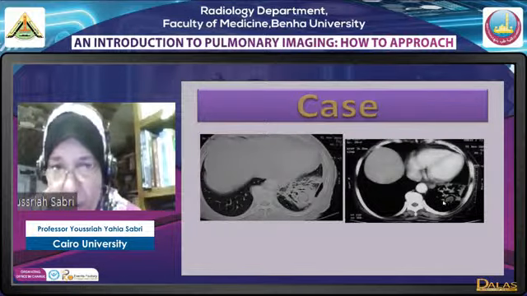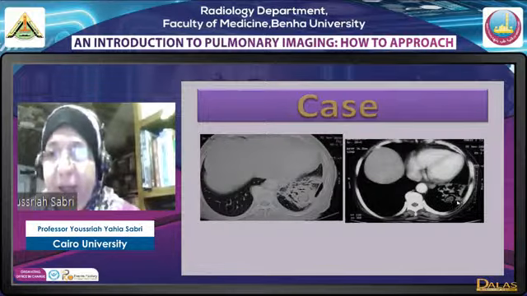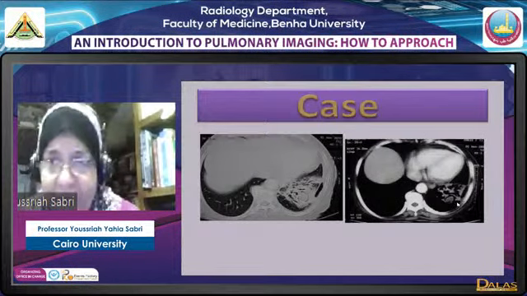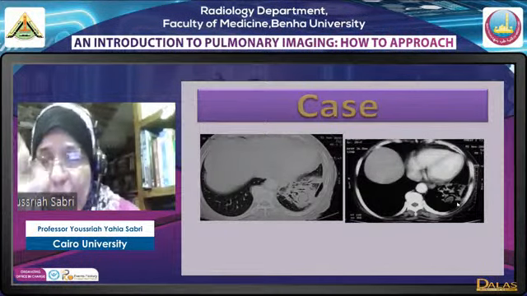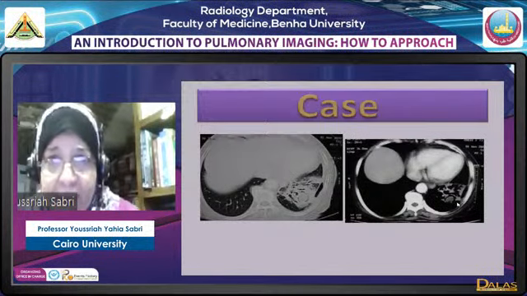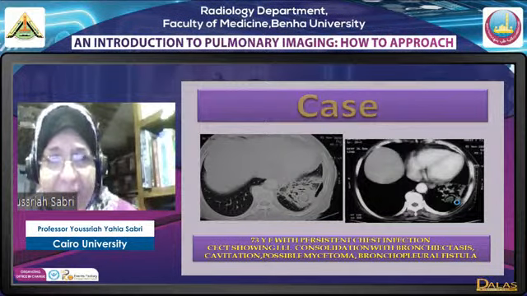In addition, we have a lentiform thin pleural-based lesion with an air fluid level, as you can see here. This lentiform air fluid level is a loculated hydropneumothorax. A loculated hydropneumothorax related to such infection without a tube is a bronchopleural fistula, complicating this infection.